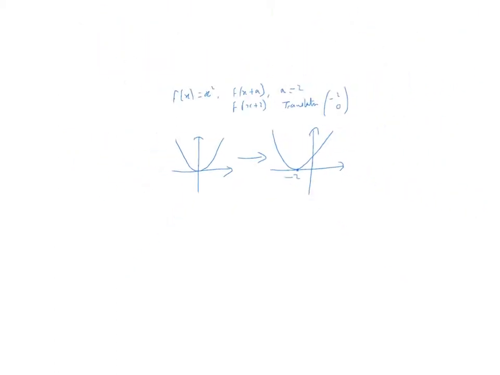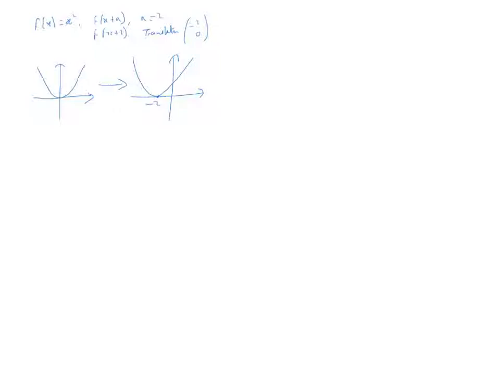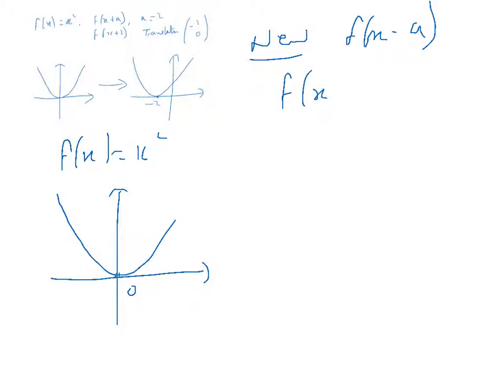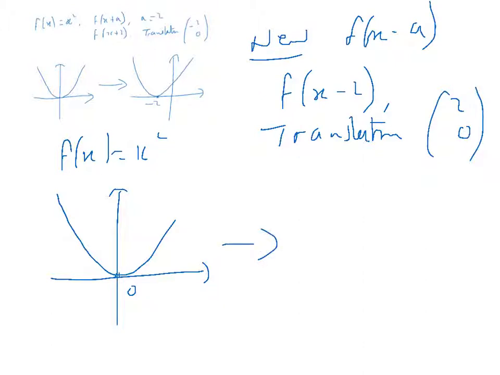And conversely, if we look at f of x minus a, so original f of x equals x squared, let's draw that, passes through the origin, and our new transformation f of x minus a, which again we said a is 2, so you need to write, this is a translation by vector 2, 0, so it moves to the right this time by 2 and nothing changes in the y-axis.